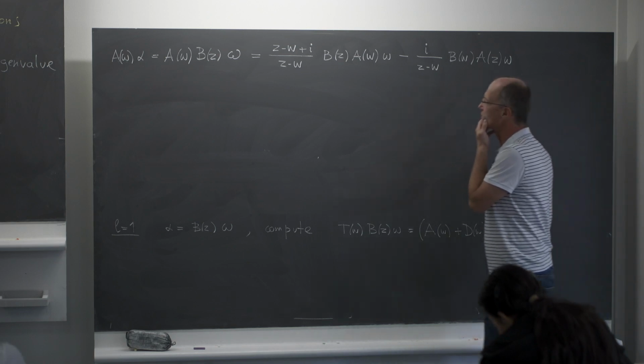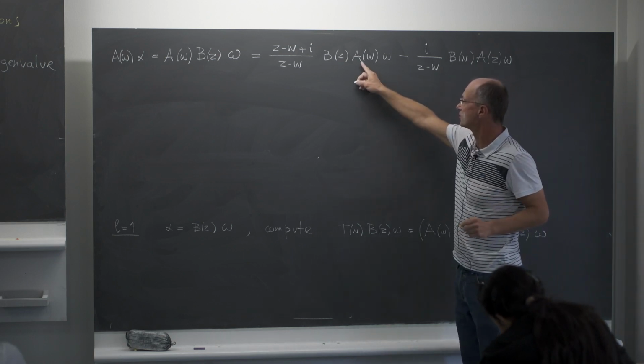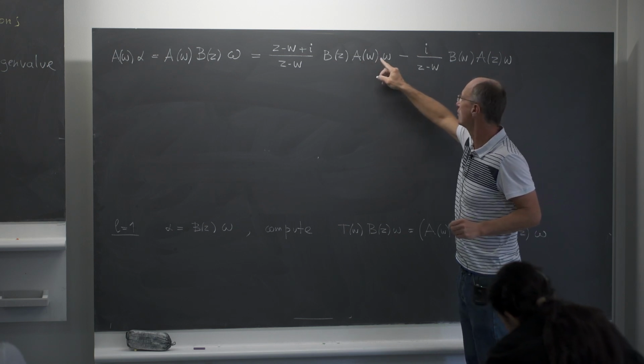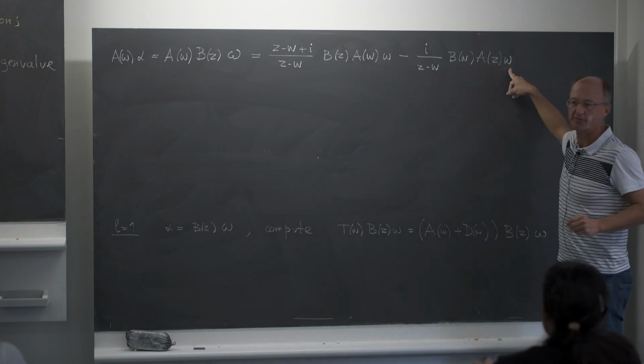So why is it good to use this relation? That's because we already computed, just in the previous point, how A acts on omega.